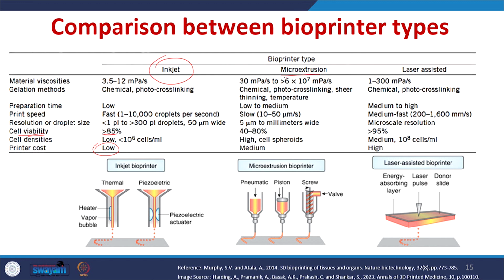Whereas in the case of the micro extrusion printer, the cell viability is between 40 to 80% and the cost of the printer is medium. And in the case of the laser assisted 3D bioprinter, the cell viability is more than 95% and the printer cost is high. So, depending on your final application, cell type and bio ink, you have to select the right 3D bioprinter. Let us learn about ideal material properties for bioprinting.